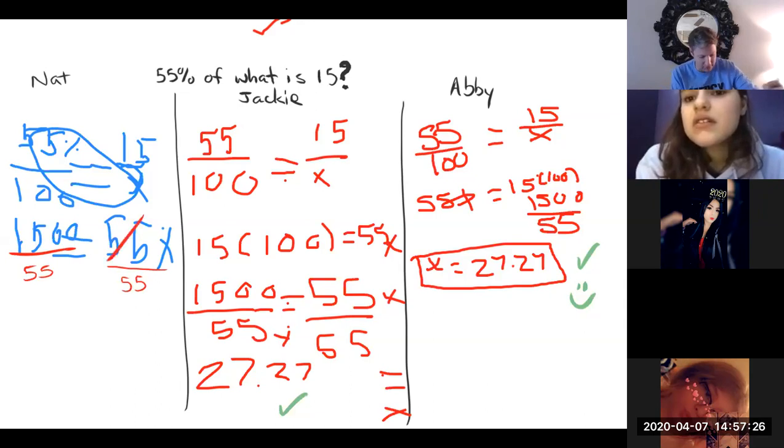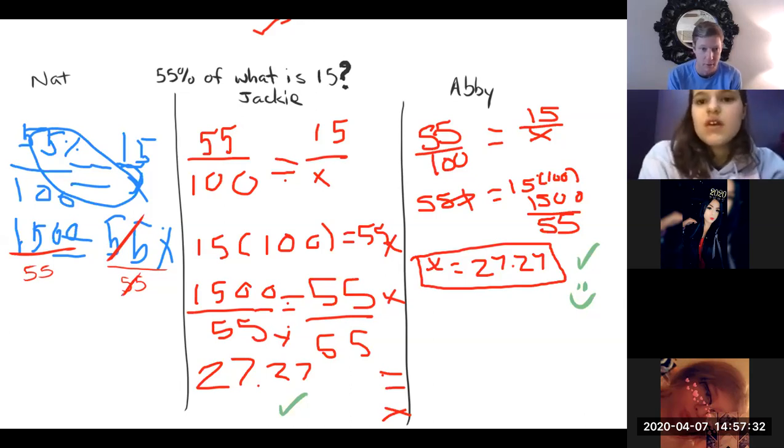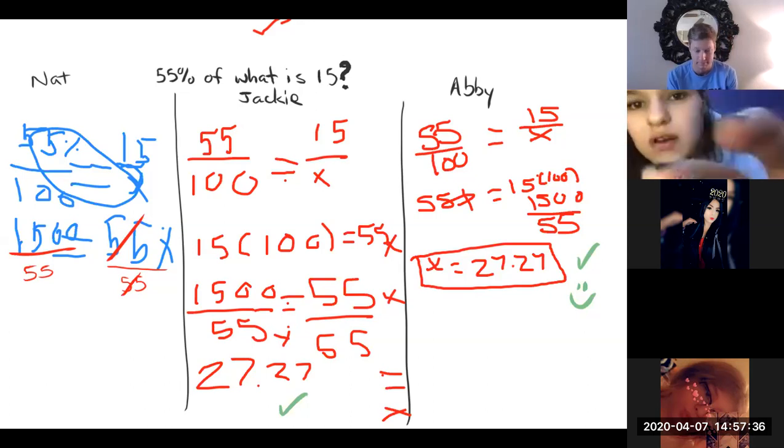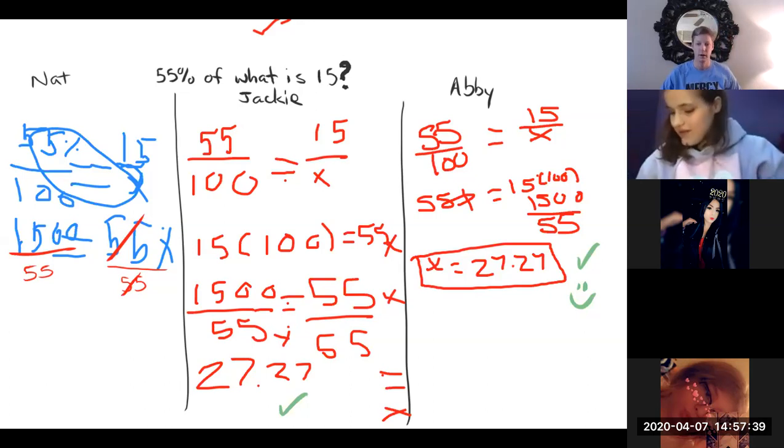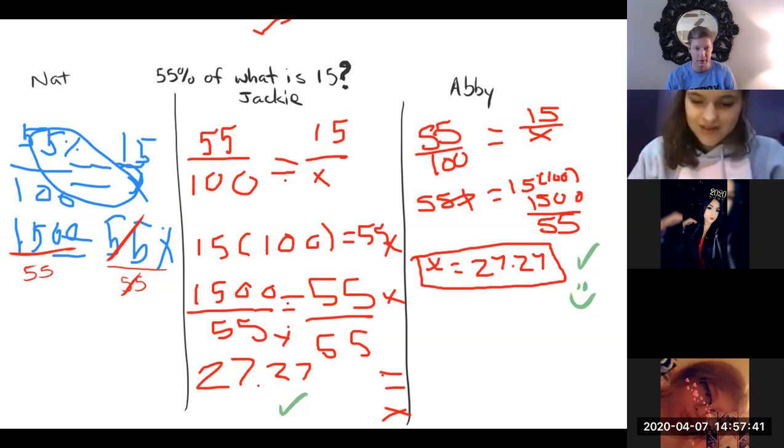Remember, when we solve an equation, we want to get the variable by itself. So the way we do that is by using opposite operations. So if 55 is multiplying x, we use division to get rid of it. Okay. So do that on the calculator, and you should get the answer that the other two girls got as well.